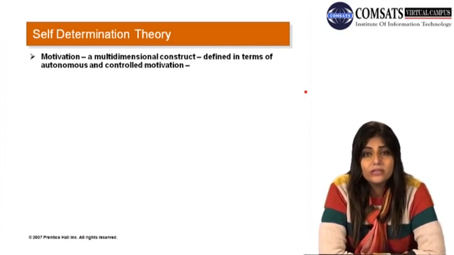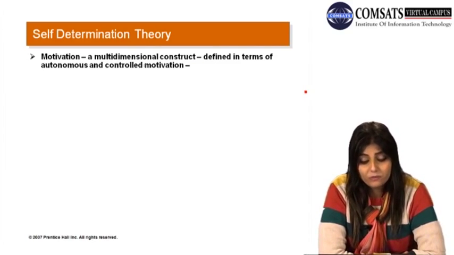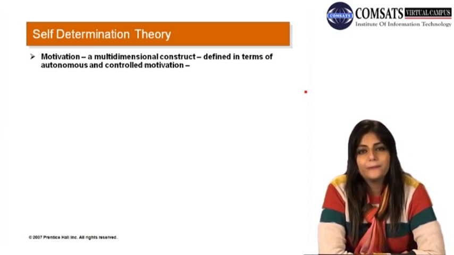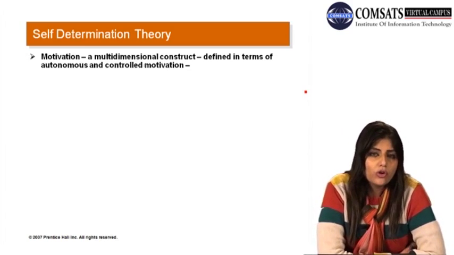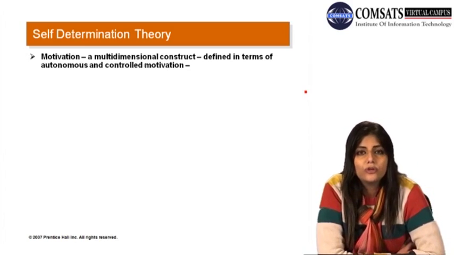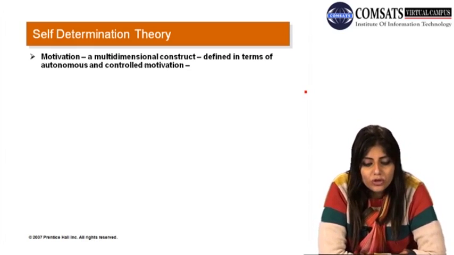We basically discussed the cognitive evaluation theory in one of our previous motivation lectures, and self-determination theory is an extension of that cognitive evaluation theory, right? This theory basically, again, divides the motivation into the continuum of external and internal motivation. It also gives the concept of amotivation.